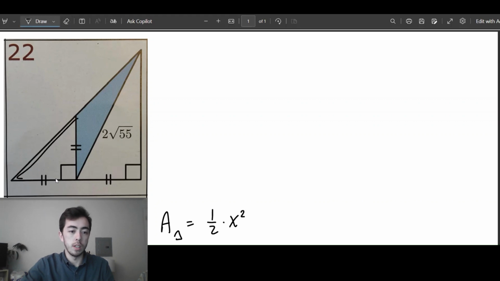About this small triangle in the corner, since 2 of the sides are equal to each other, I know it's an isosceles triangle, and that means that these angles are also equal to each other. Ultimately, that does mean that both of these are 45 degrees. And now in the big triangle, I can also tell that there's a 45-degree angle in 2 of the corners here and here.